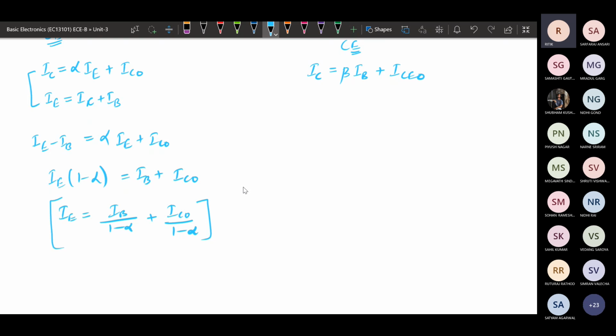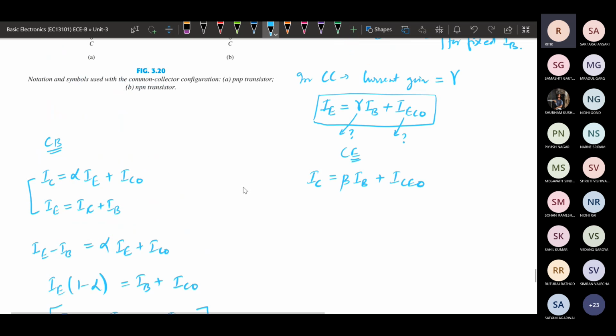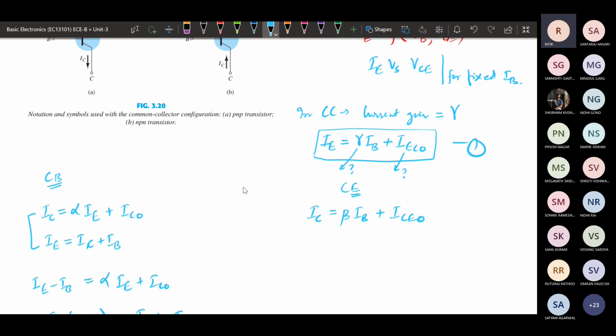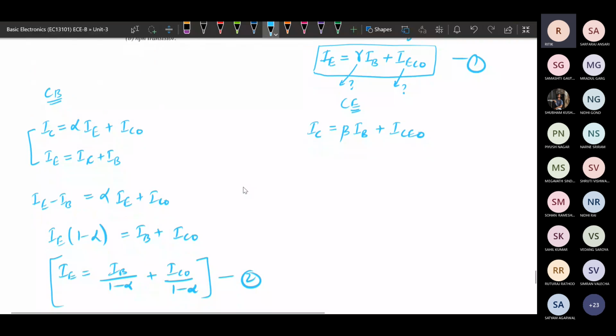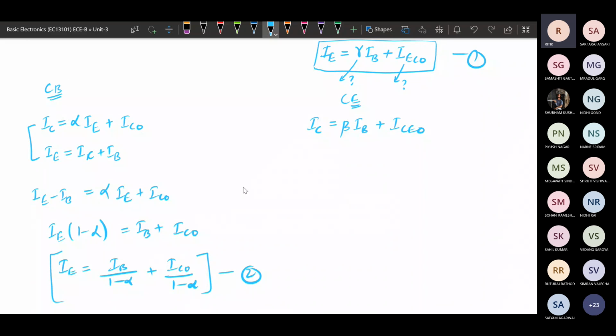Suppose this is equation number 1, and this is equation number 2. If we compare 1 and 2, we can see IE and IE, IB, and gamma is 1 minus alpha. Okay, that means the gamma value will be equal to 1 minus alpha.